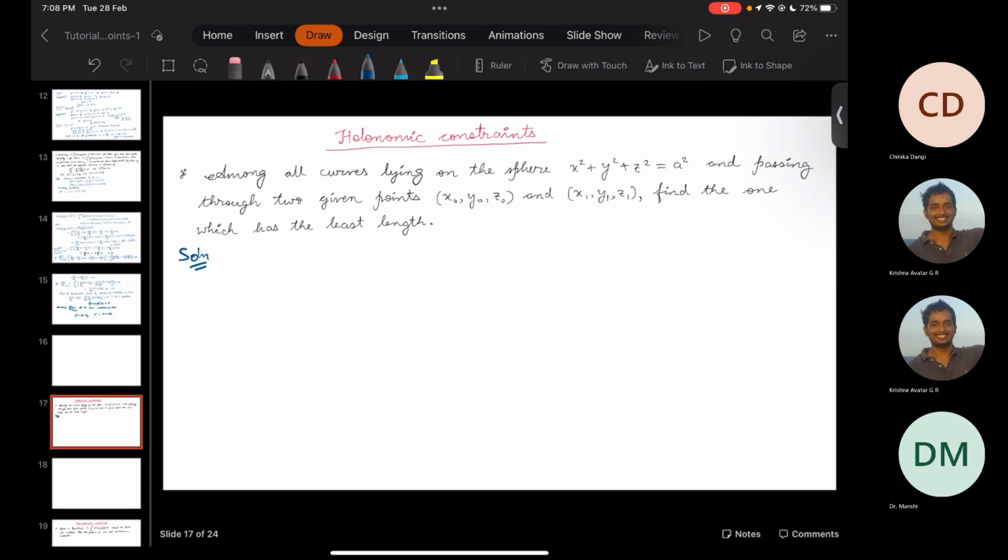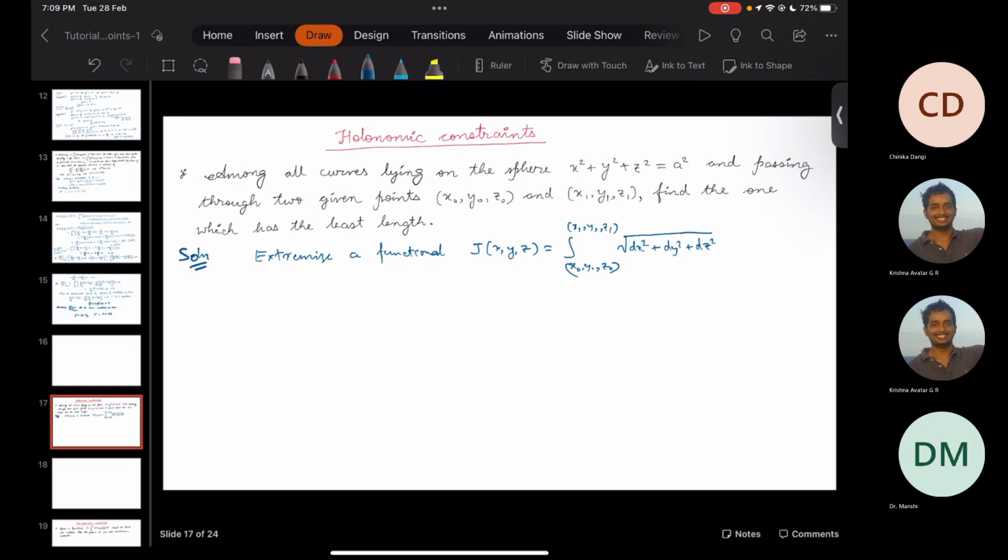So our goal is to essentially extremize a functional J of x, y, and z, going from x0, y0, z0 to x1, y1, z1, and we require the integrand to be the square root of dx squared plus dy squared plus dz squared.